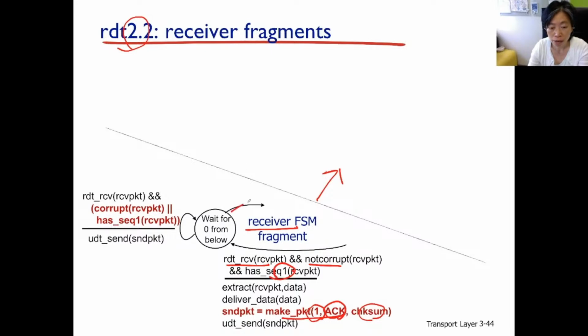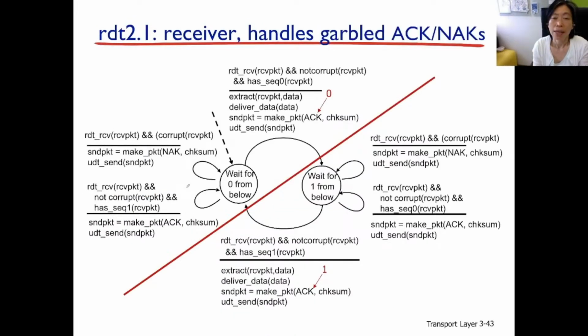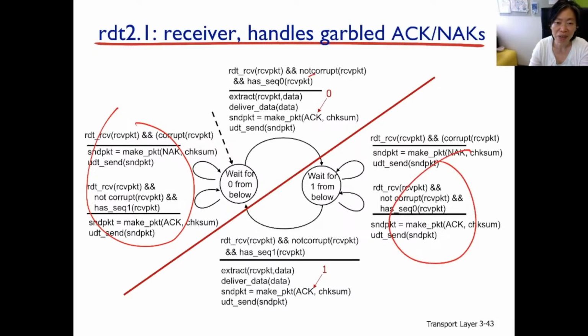For the other transition at the top, it will be make packet 0 ACK checksum. Now, the receiver side of RDT 2.1 actually has all these other transitions, right? So we only handled this part and extended it to 2.2. We still have to extend these transitions so that it works for 2.2. These are exact mirrors of each other, so let's just focus on one side.